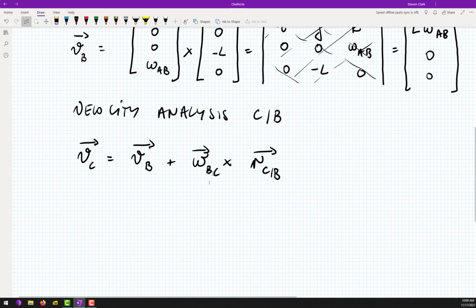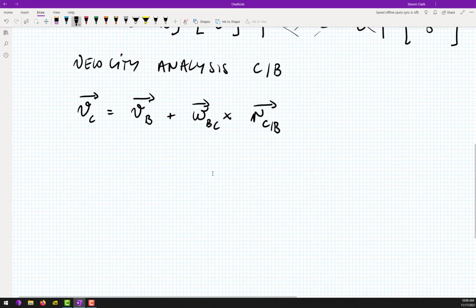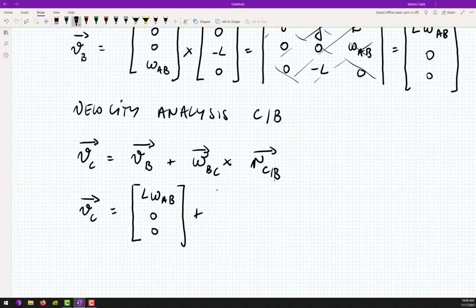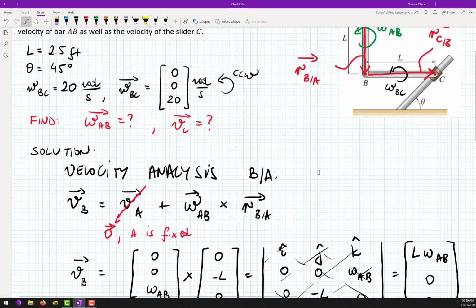Okay. So in here we can just write that VC is equal to L omega AB, because this is what we just found, plus 0, 0. What was the value of omega BC? Let me scroll up the board.